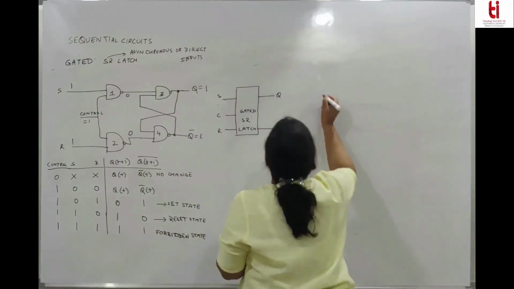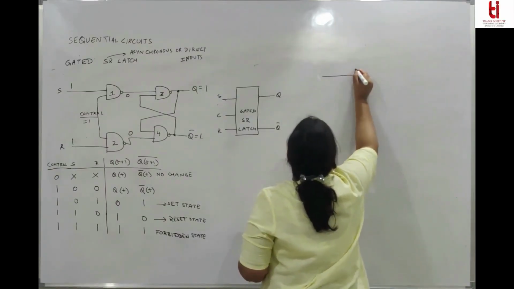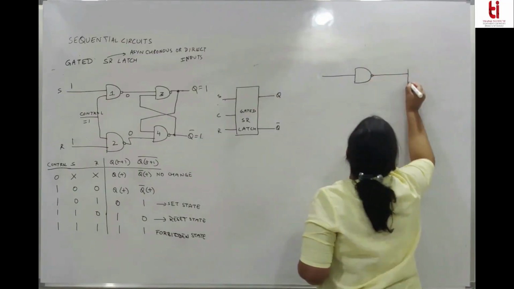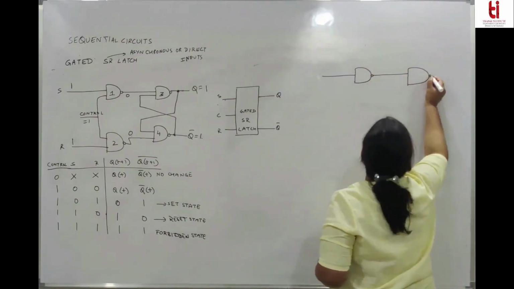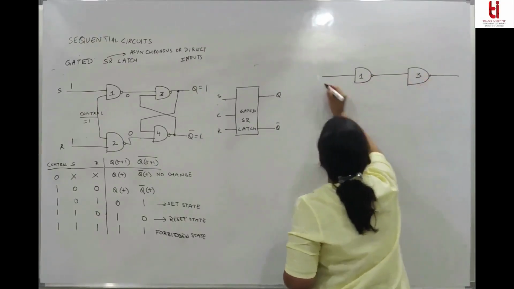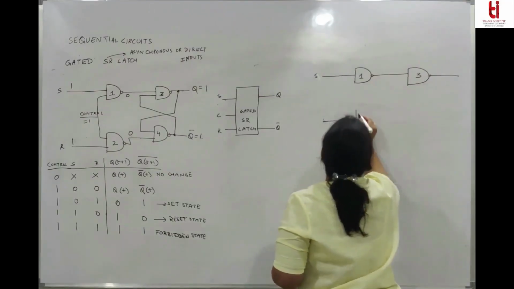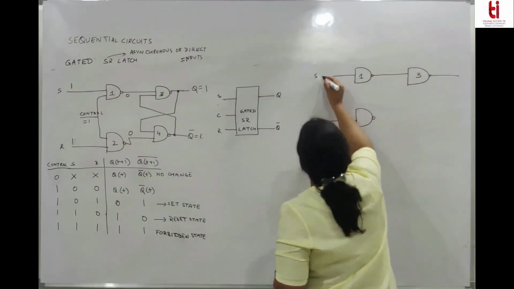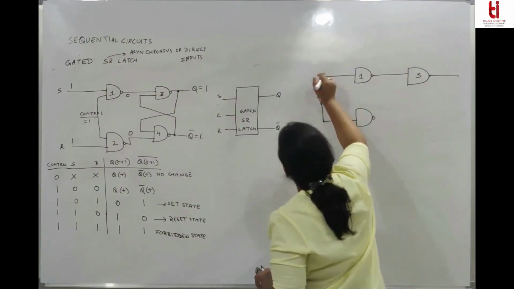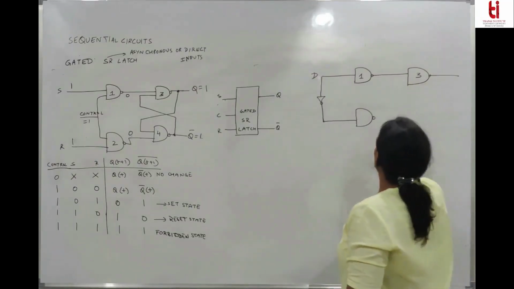a gated D latch where there will be one, two, three. So this is fed through an inverter. That means both the inputs will be either 1 0 or 0 1.